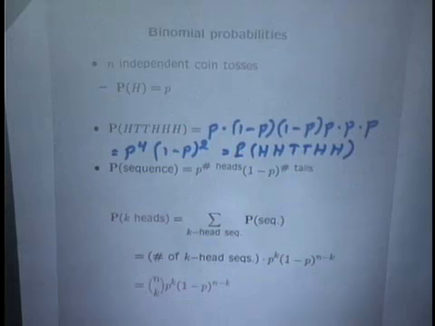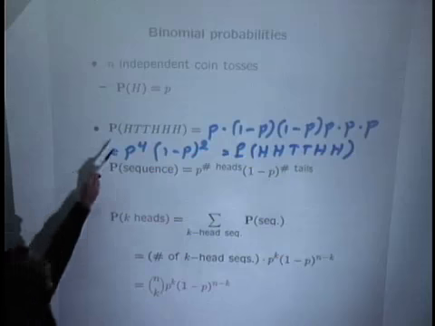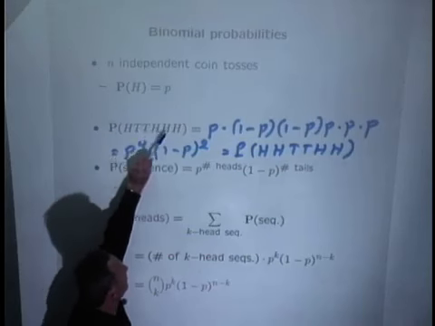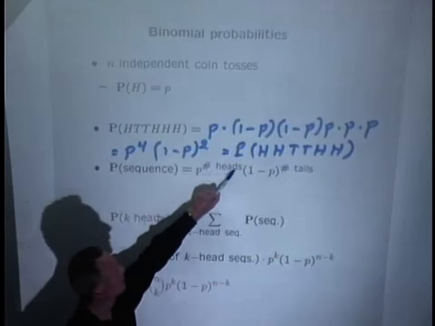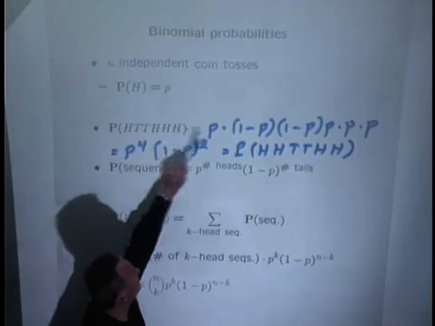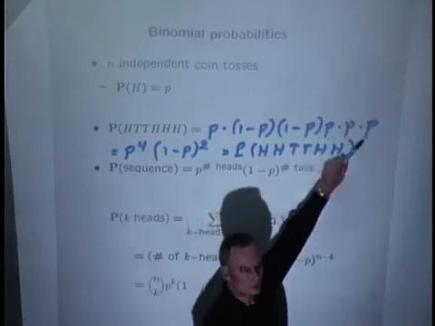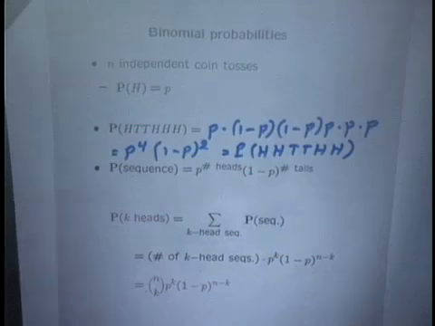So what you observe from just this example is that more generally, the probability of obtaining a particular sequence of heads and tails is p to a power equal to the number of heads. So here we had 4 heads, so there's p to the fourth showing up, and then 1 minus p to the power number of tails.